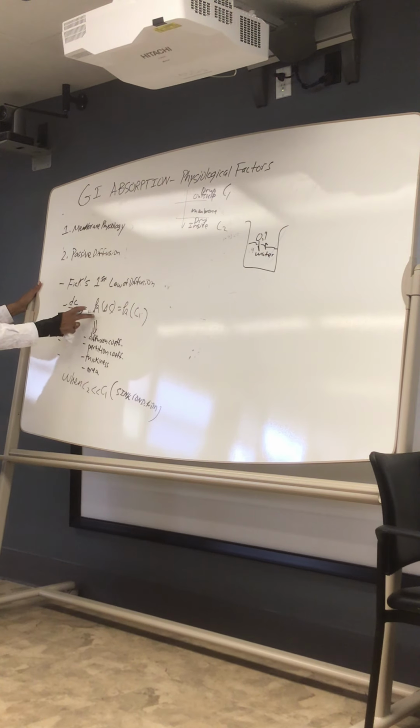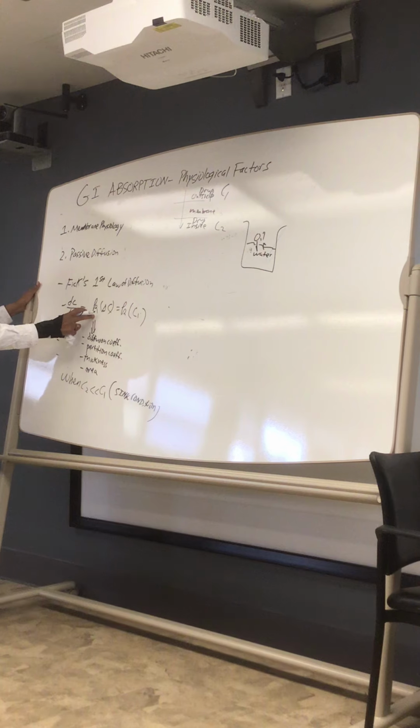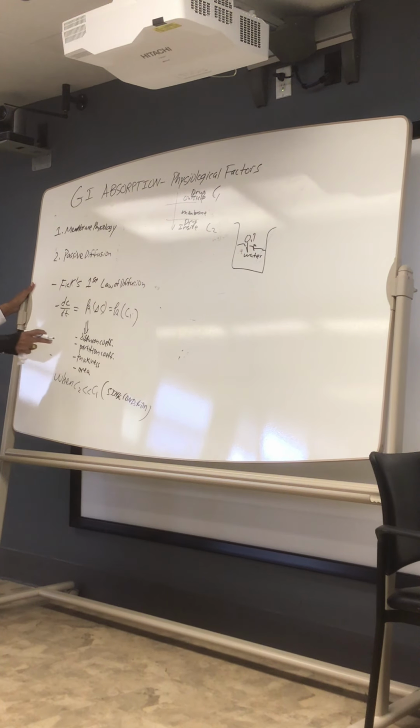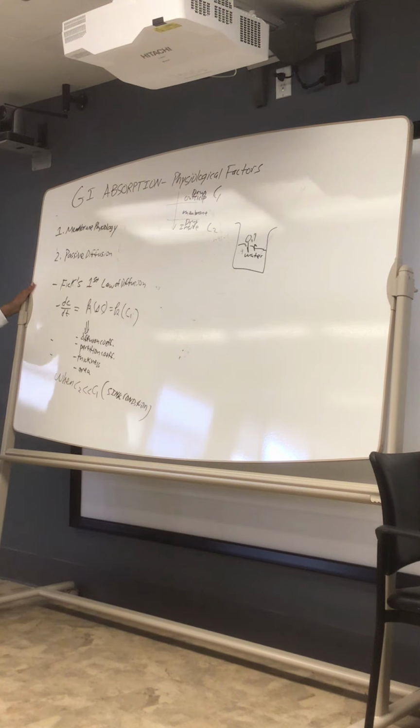We calculate it the same way, but in this case, I want you to recognize that this proportionality constant K, or first order rate constant, has all of these things combined in it. It should have units of reciprocal time, just like any other first order rate constant.